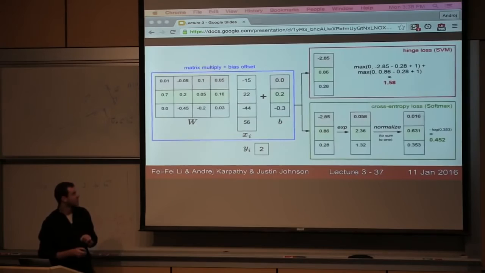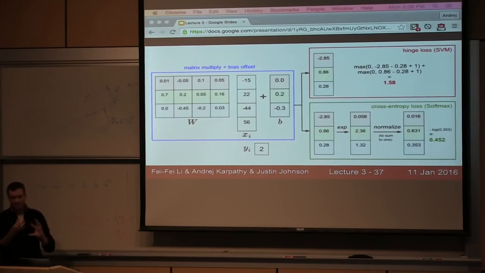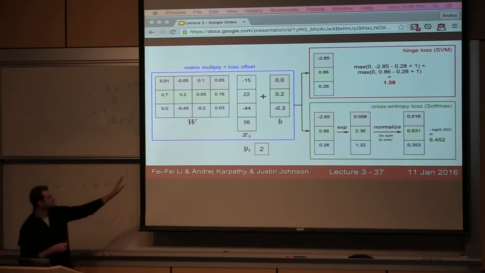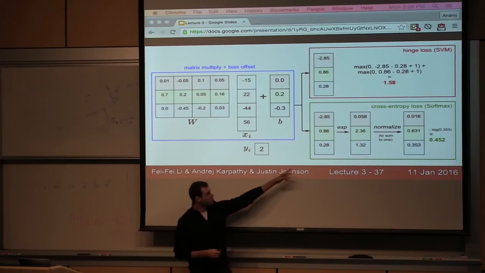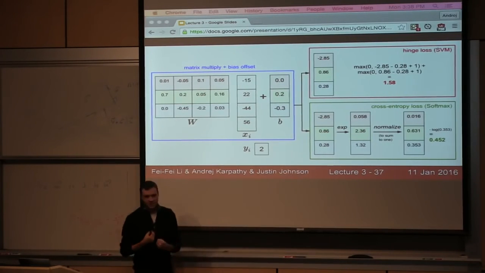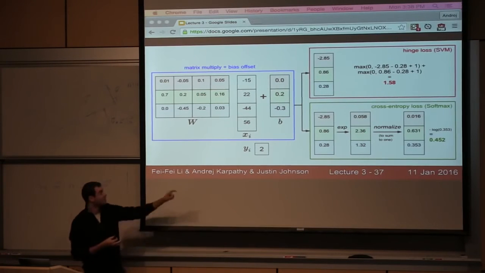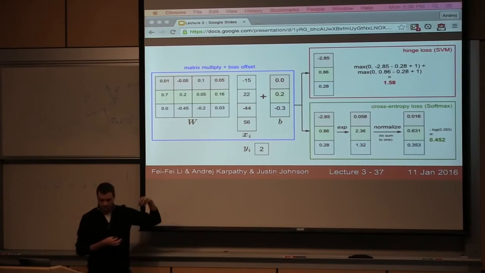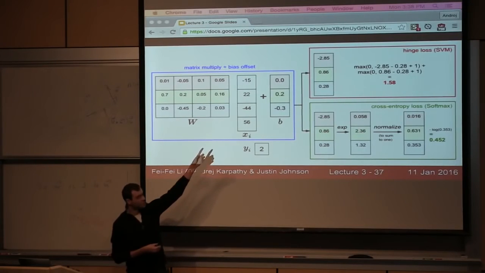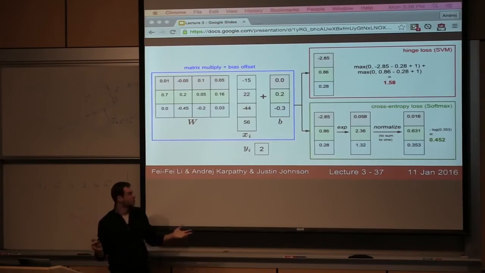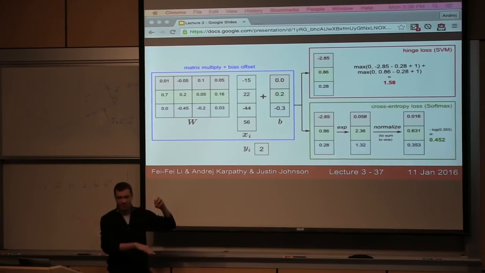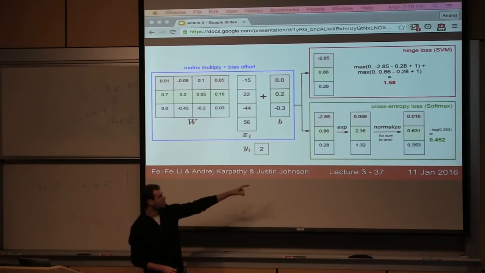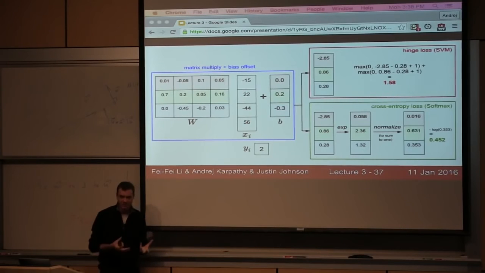I'll show you one more slide and I'll take some questions. Just to reiterate the difference between them: we have the score function, which gives us Wx plus b, and we get our scores vector. The difference is just how they interpret these scores coming out of f. Either it's just random scores with no interpretation whatsoever, and we just want the correct score to be some margin above the incorrect scores, or we interpret them as unnormalized log probabilities.